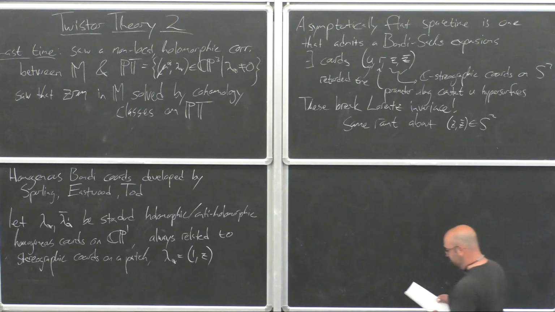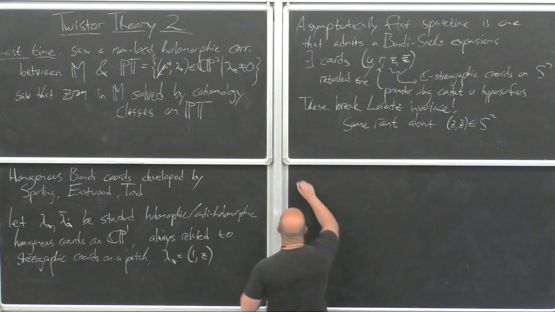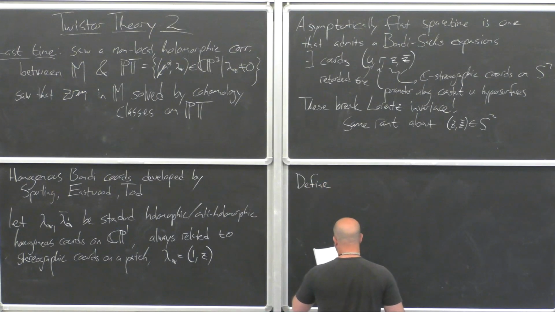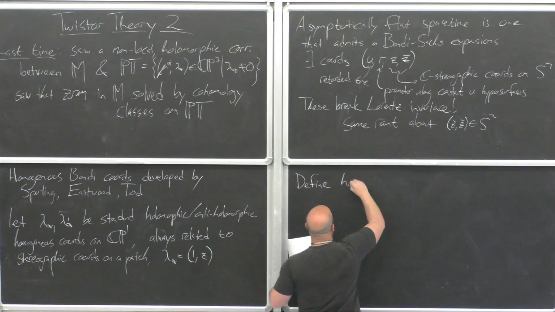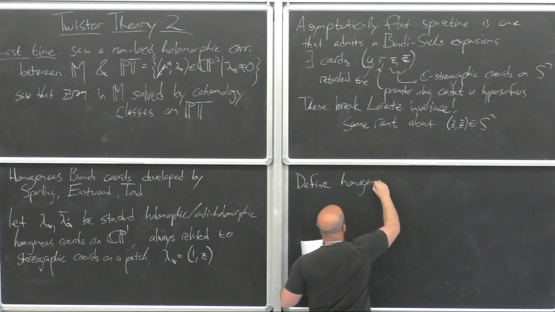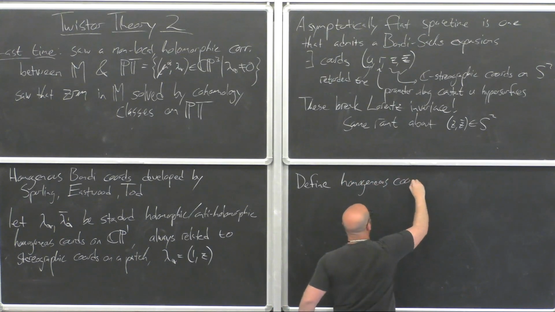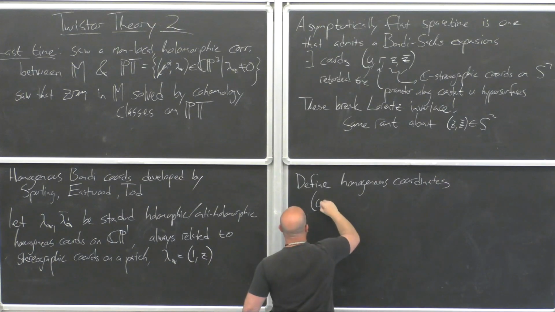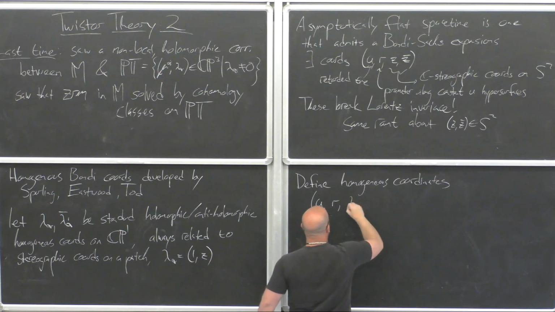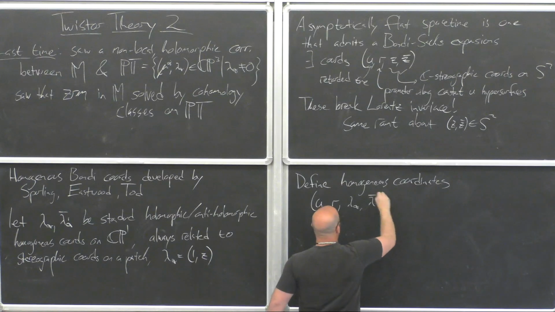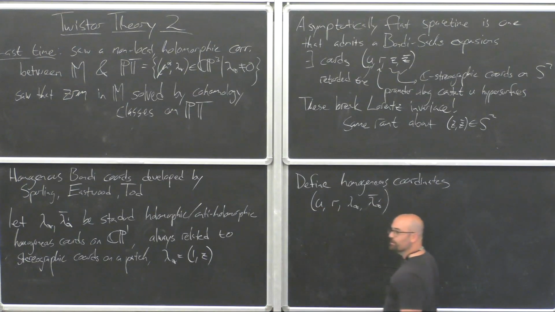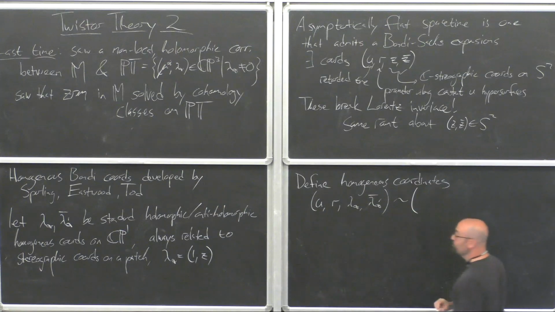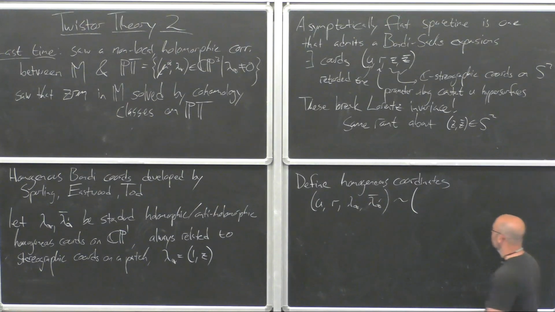So now, what we're going to do is define the following homogeneous coordinates: u, r, lambda alpha, lambda bar alpha dot. They're homogeneous in the sense that we consider them up to the following rescalings.